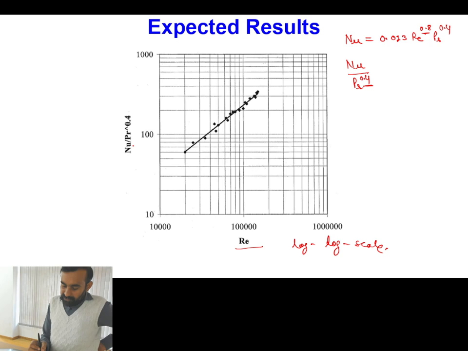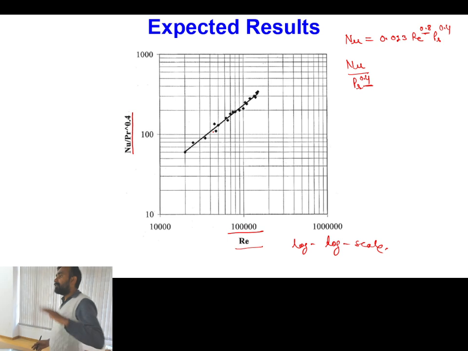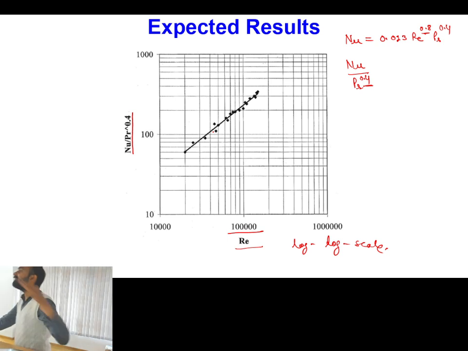Okay, so that's why if Nusselt number by Prandtl number 0.4 you plot as function of Reynolds number, then this relation will be linear, and all your measured data points should come closer to this straight fitted line. Okay, is this one clear?